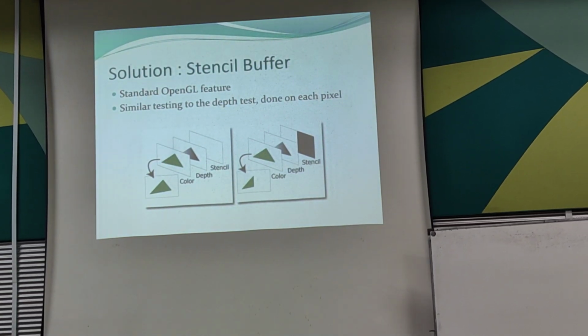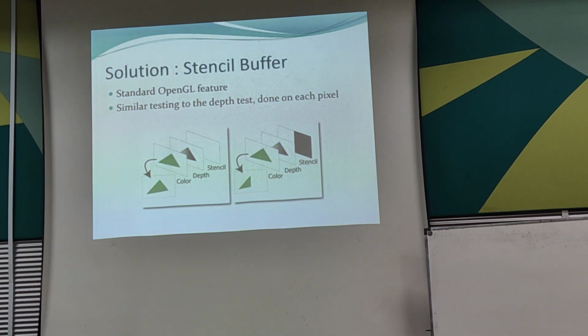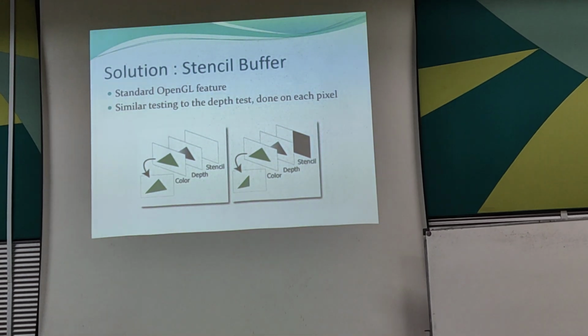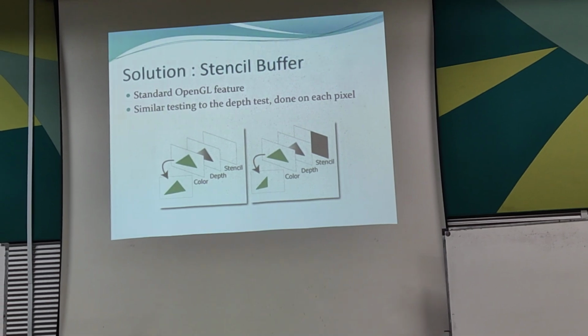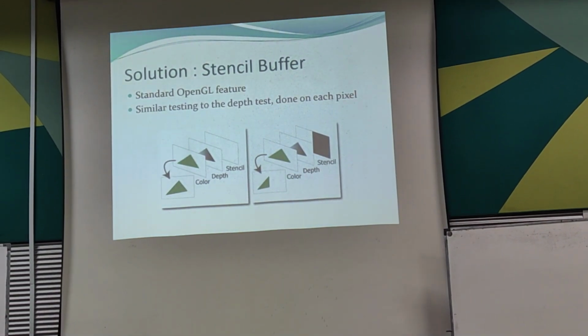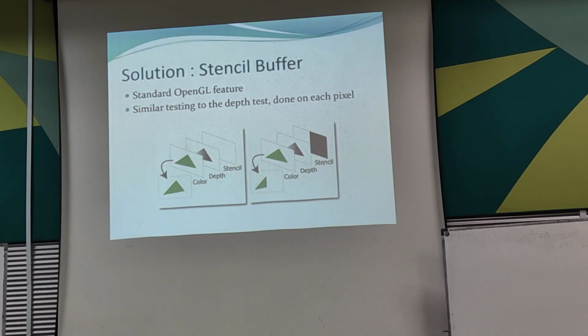Then the depth buffer is the one that tests the Z value for each pixel. All these buffer tests are performed for each pixel, so this happens in the frame buffer. In your graphics pipeline, this is in the fragment processor.